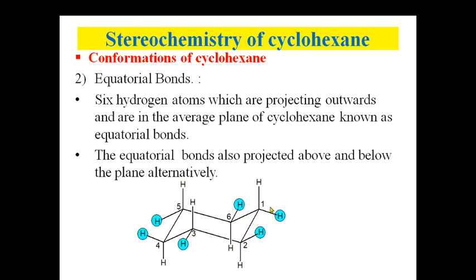Again, if you see the directions, it is below, above, below, above, below, above. Very similar to axial bonds, equatorial bonds are also projected above and below the plane alternately. So these are the two types of bonds present in the cyclohexane chair conformation, the axial and equatorial.